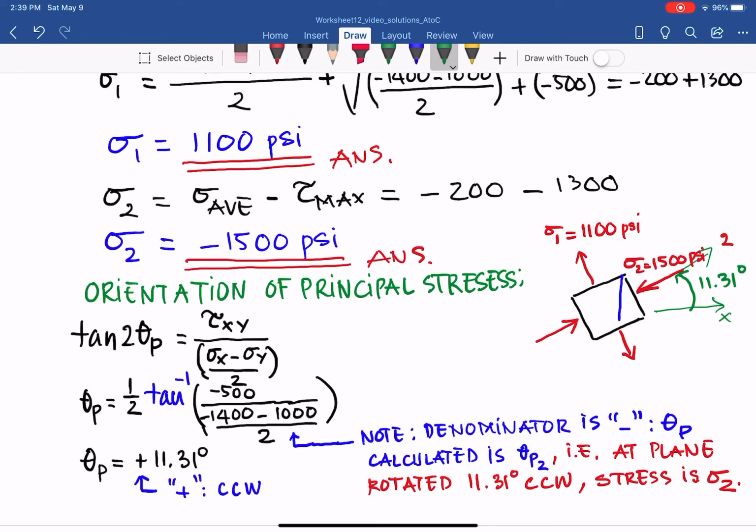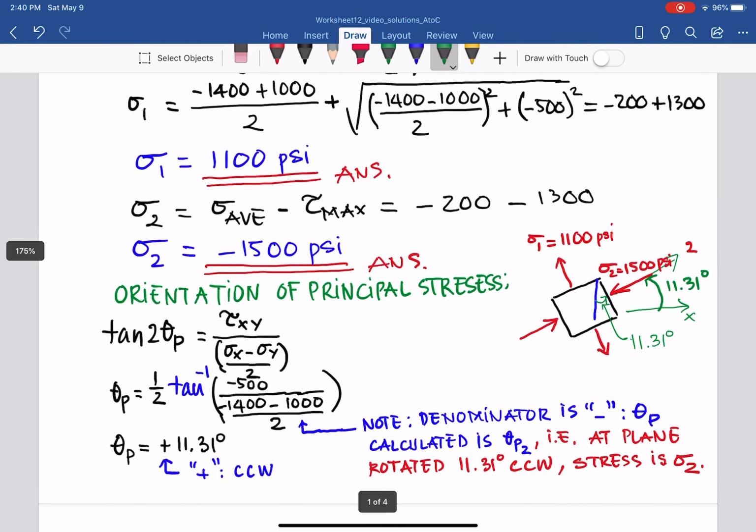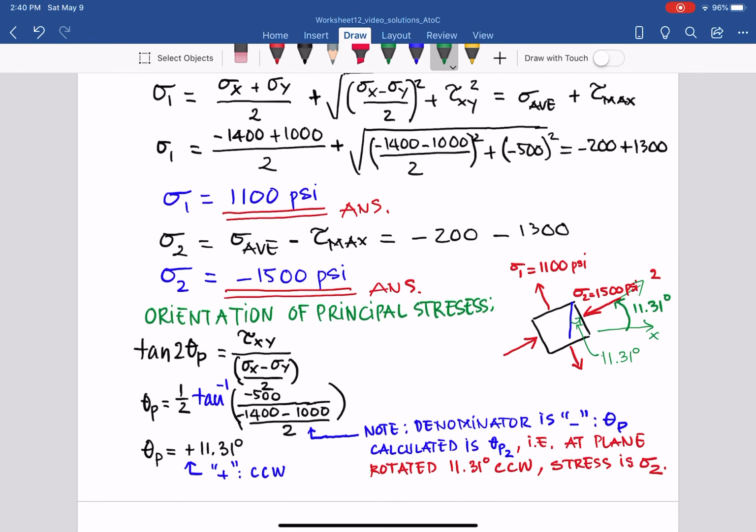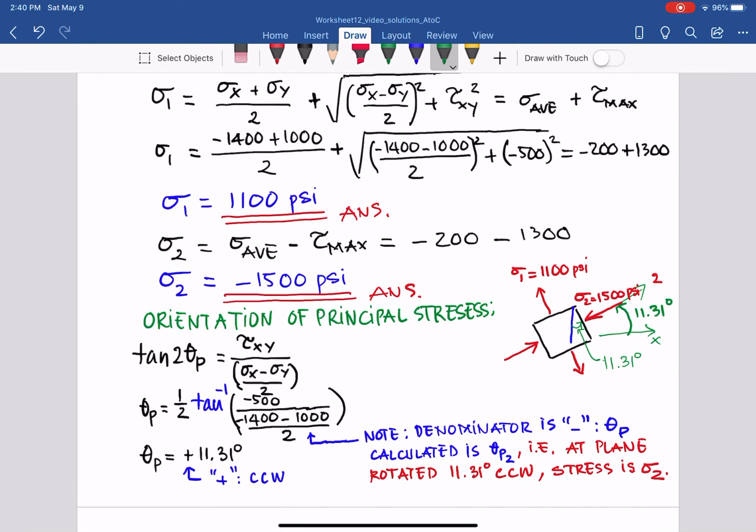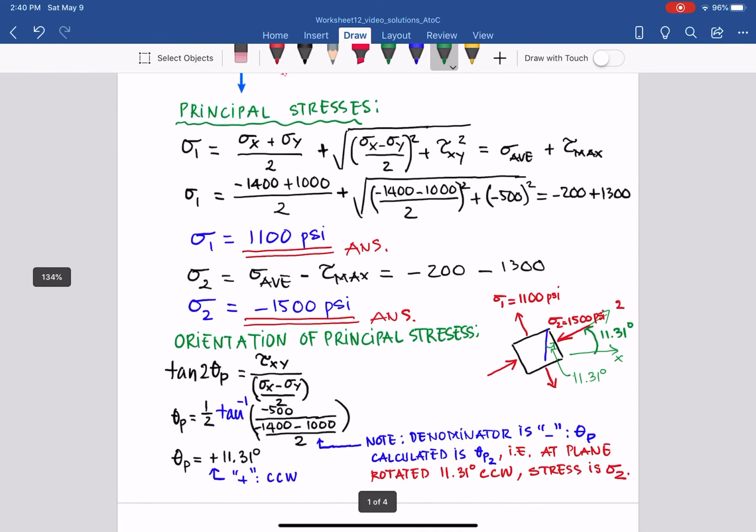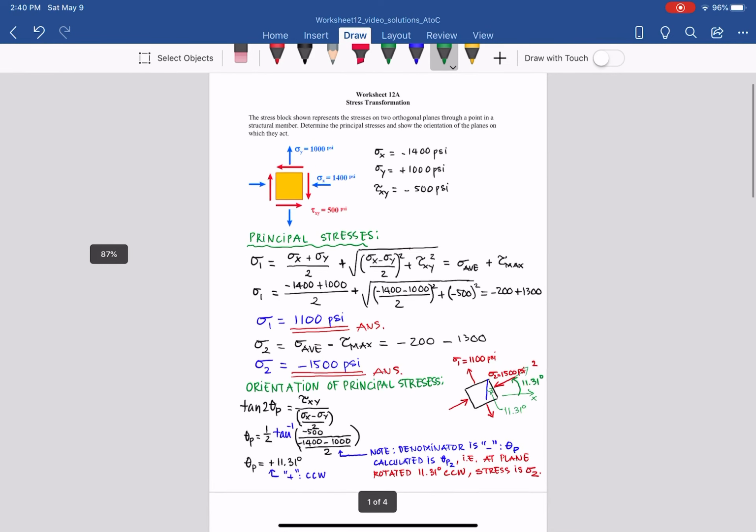If we go counterclockwise, the angle is exactly the same, 11.31 degrees. So whichever way we define it, if we do it correctly, you will get the same orientation for sigma 1 and sigma 2. With that, we're done with worksheet 12A.